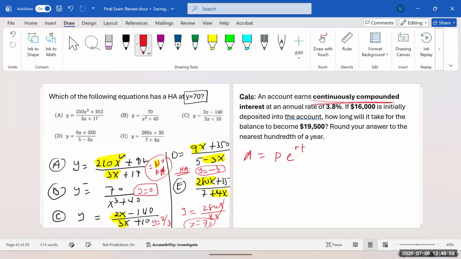So this account continuous interest annual rate is 3.8. So our r is 0.038. If $16,000 is initially deposited. So what is the $16,000? A or P?